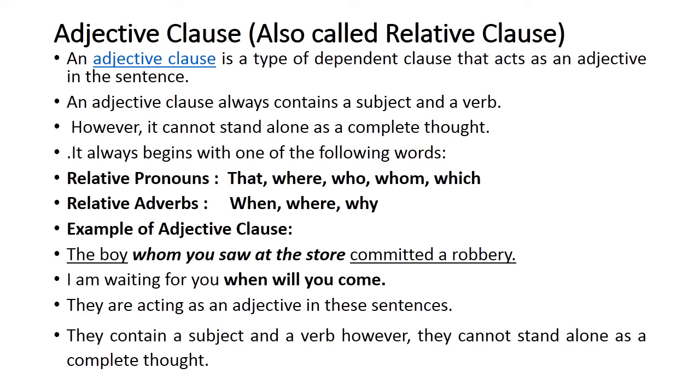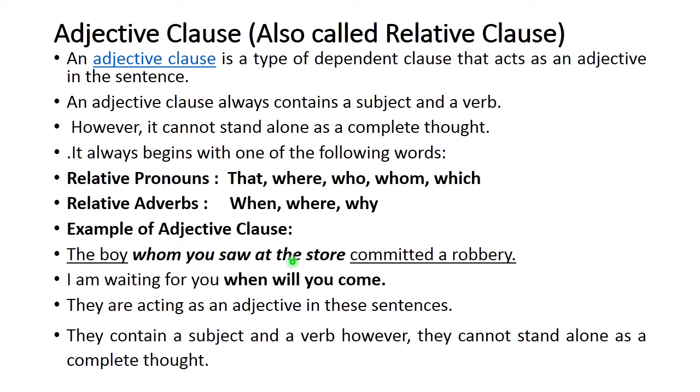It always contains a subject and a verb. However, it cannot stand alone as a complete thought, and it always begins with one of the following words: relative pronouns that, who, whom, which, or relative adverbs when, where, why.